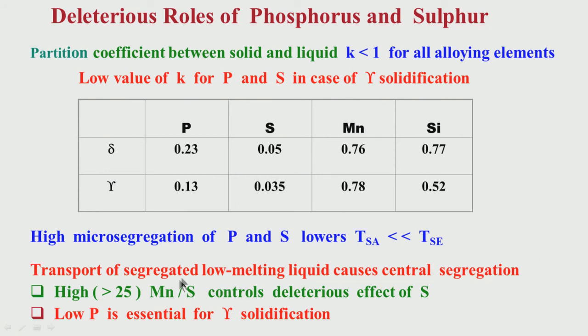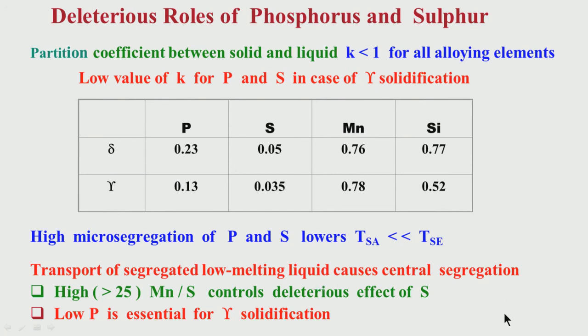So, the deleterious effects of sulfur can be taken care of by using manganese, but the harmful effect of phosphorus cannot be taken care of by any other alloying element in liquid steel. So, phosphorus has to be kept under control so that its deleterious effect is not much. Now, another important thing is this low melting liquid which causes central segregation.